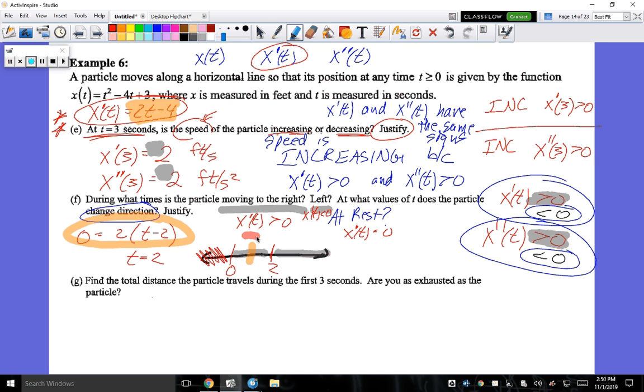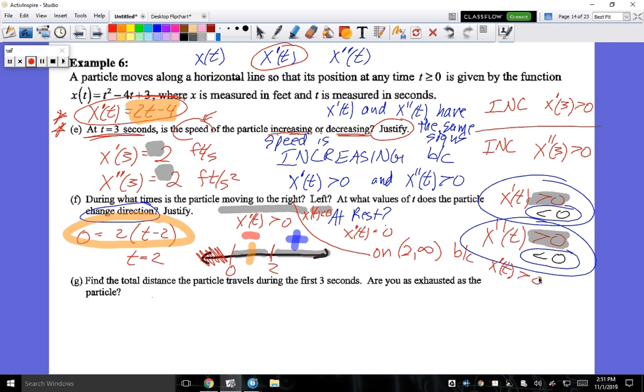A positive. So we're going to say that it's moving to the right on 2 to infinity with parentheses, because x prime of t is positive.